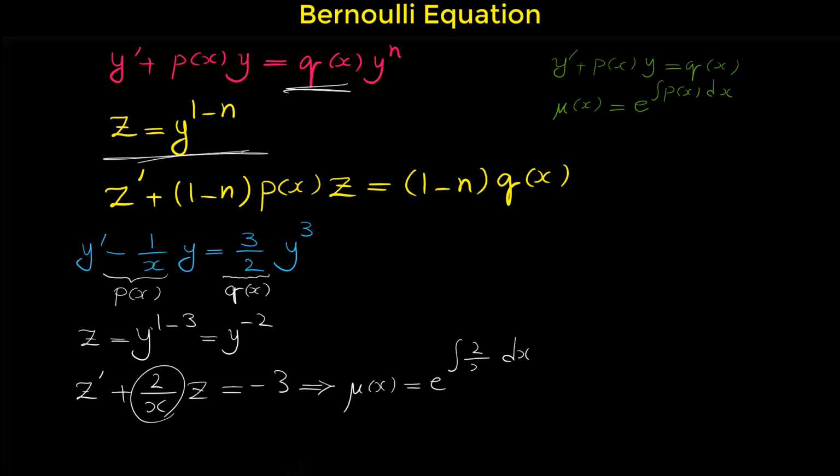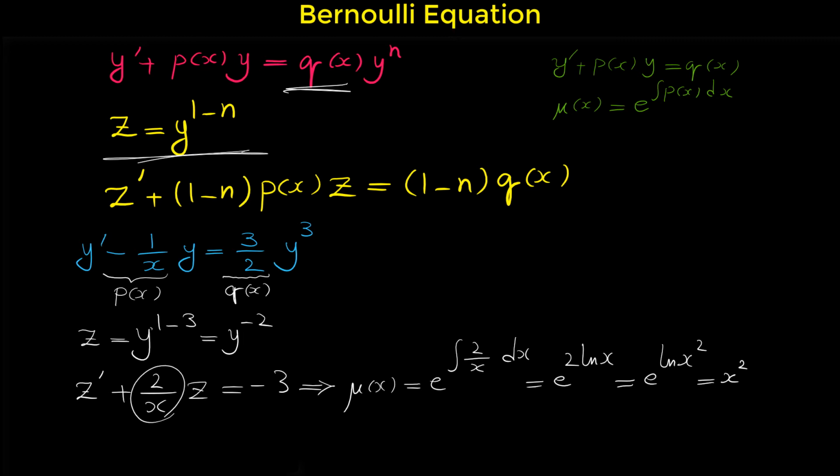Integral of 2 over x is 2 ln of x, which we can write as e to the ln of x squared, if we bring the coefficient 2 to the power of x. And we know that e to the ln of any expression equals the same expression. So e to the ln of x squared is x squared. So x squared is the integrating factor.